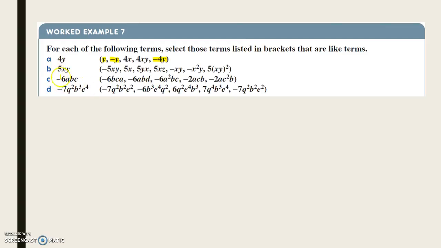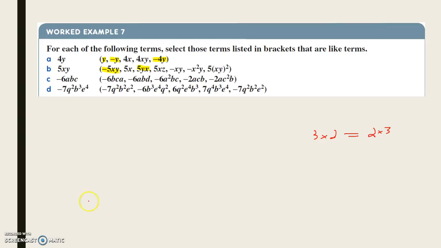5xy is next. Let's have a look at that. Things with x's and y's are this one. This one doesn't count. This one does, because order of operations says that we're multiplying. It doesn't really matter which order we do it in. For instance, a quick reminder: 3 times 2 is the same as 2 times 3.